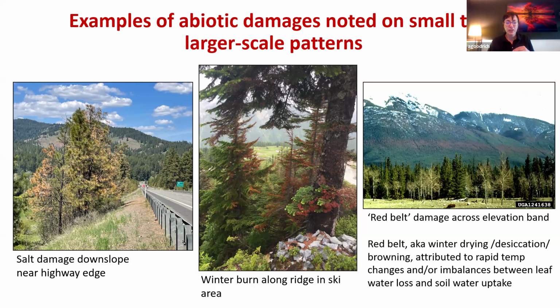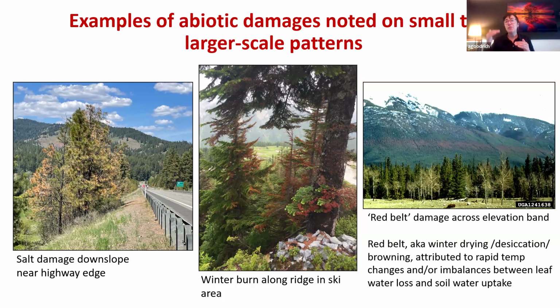a rapid temperature change or imbalances between the water loss from the leaf and the soil water uptake. Usually this happens in the winter or late spring when the ground is frozen. So even if there's water in the soil, the tree can't take it up because the soils are frozen.